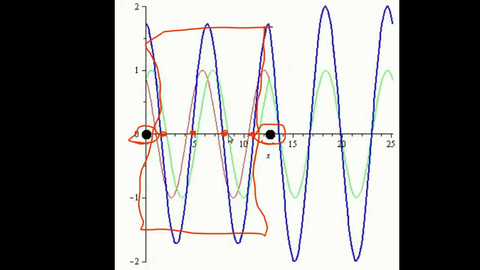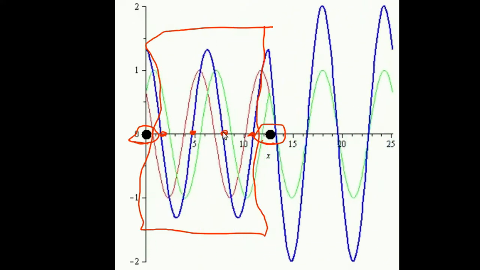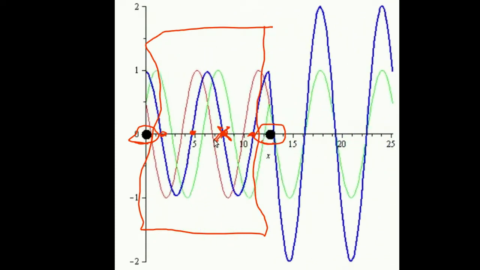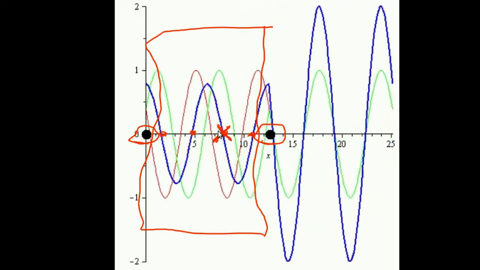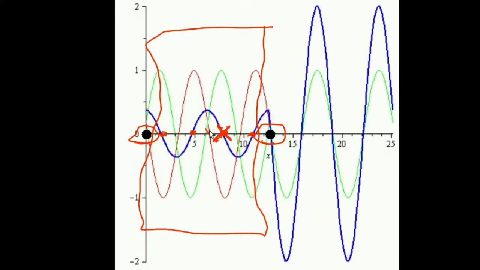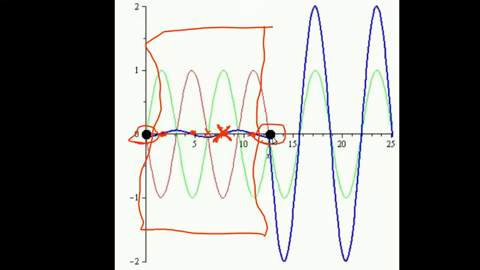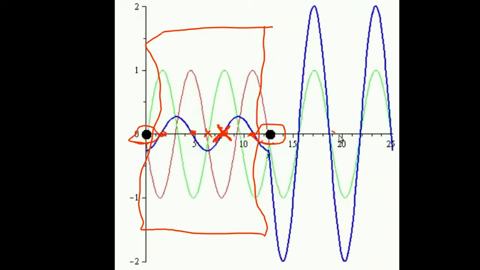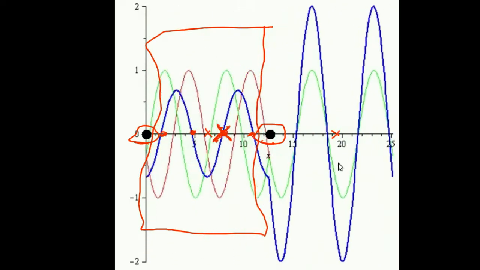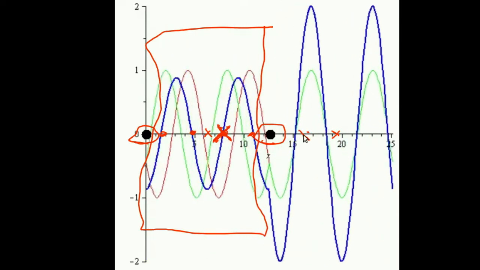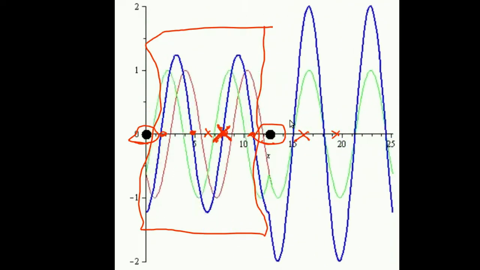Just imagine if these were water waves, if you were sitting here, the water under you wouldn't be moving at all because you're at a node. You can see the blue curve here isn't moving. If you were sitting here, the water would be going furiously up and down. You're at an antinode. But no matter where you are out here, I'll just pick a random place, the water under you is going up and down and up and down. If you look here as well, the water under you is going up and down.